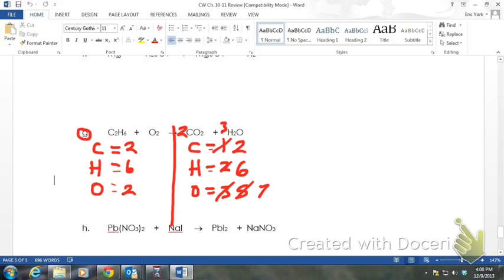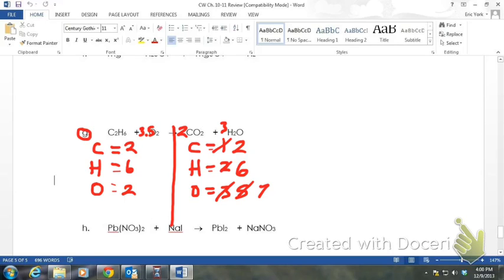Now, at this point, I have 2 oxygens on the left and 7 oxygens on the right side of the arrow. Now, I need to figure out some number I can put out front of the oxygens so that when they get multiplied by it, it's going to equal 7. What number is that? Just simply go 7 divided by 2 equals 3.5. So that means I'm going to put a 3.5 right here.